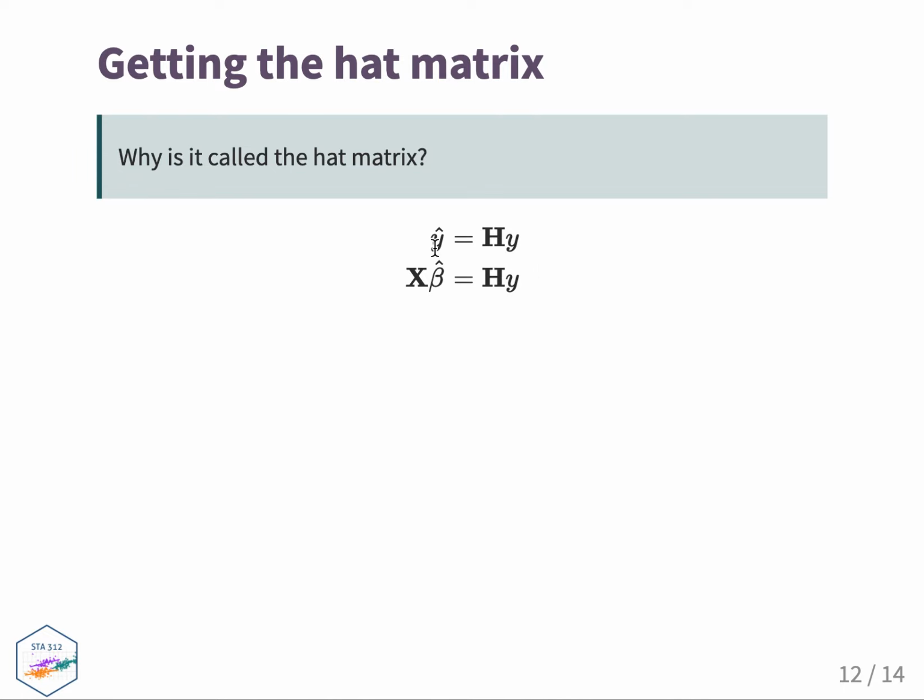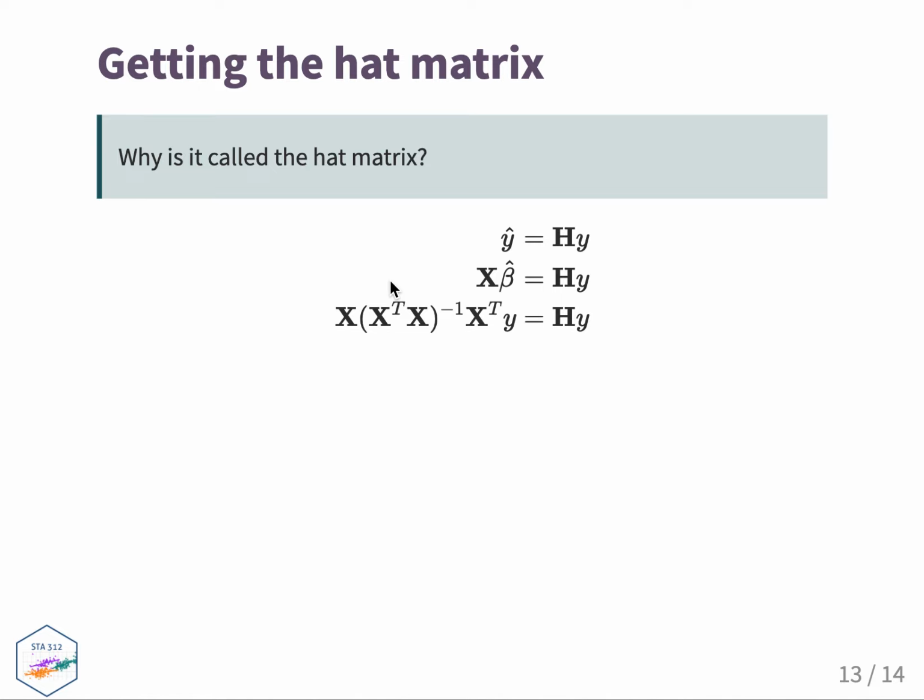Remember that y hat is just equal to x times beta hat, and we know that beta hat is equal to x transpose x inverse x transpose y. If we multiply that by x, we end up with x times x transpose x inverse x transpose y. Now we just want the hat matrix H, so let's cancel out our two y's, and we end up with the hat matrix is x times x transpose x inverse x transpose.